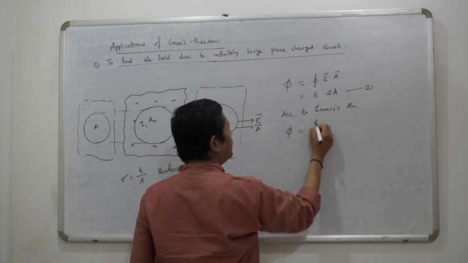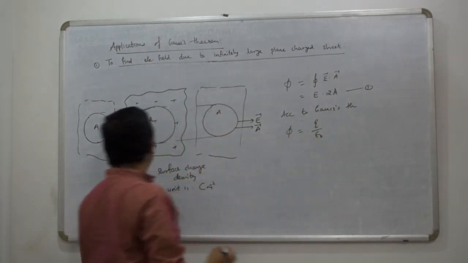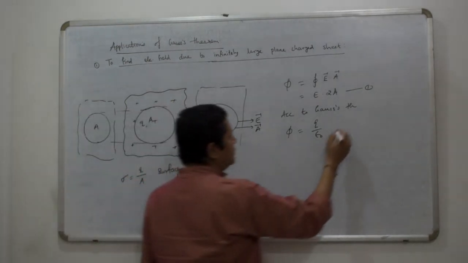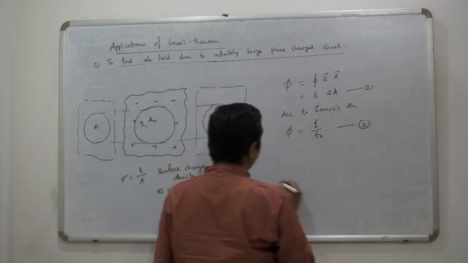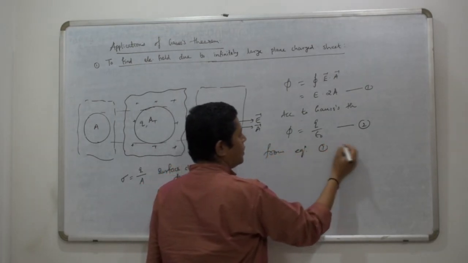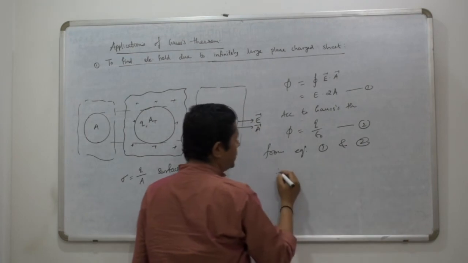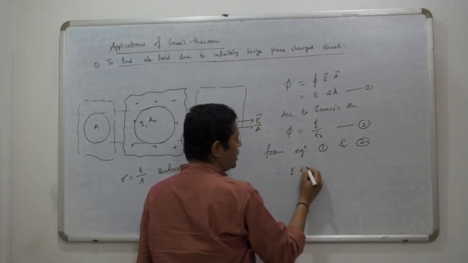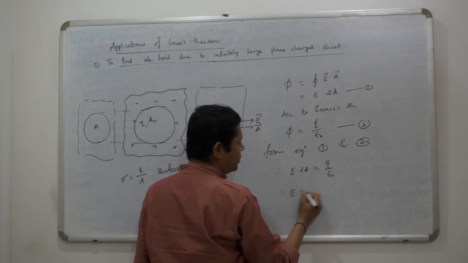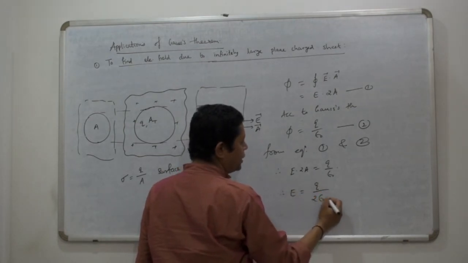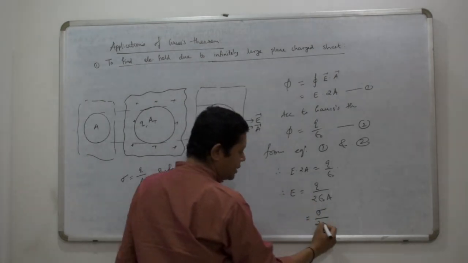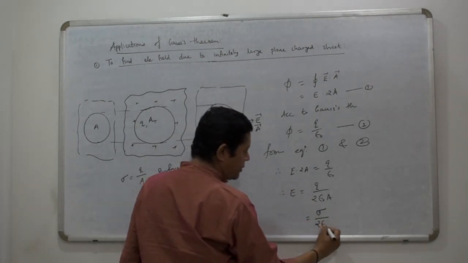Another, according to Gauss theorem, flux phi is equal to Q by epsilon 0, because charge Q is enclosed by the Gaussian surface. So from equation 1 and 2, you can write E into 2A is equal to Q by epsilon 0. Therefore E is equal to Q upon 2 epsilon 0 A. Q by A is represented by the symbol sigma, that's why E is sigma upon 2 epsilon 0.